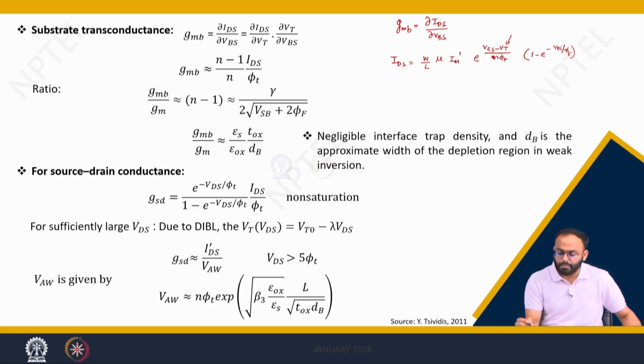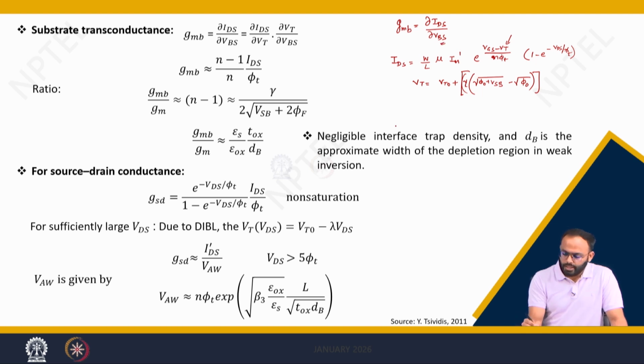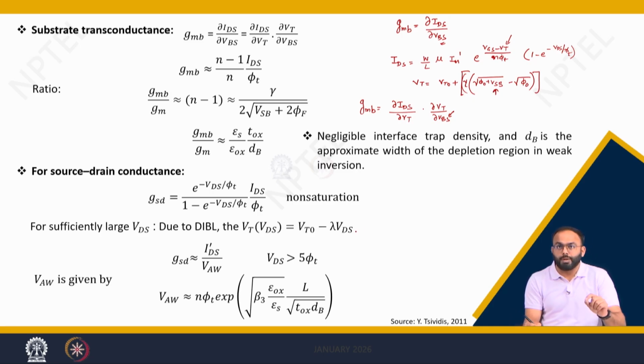Here the threshold voltage is dependent on the source to body voltage VSB, as Vt equals Vt naught plus gamma times the square root of phi naught plus VSB minus the square root of phi naught. So we cannot simply differentiate with respect to VBS. Instead, we need to rewrite this equation as delta IDS divided by delta Vt into delta Vt divided by delta VBS. Again, this is VBS, this is VSB. So when you differentiate it, you will come up with -1.